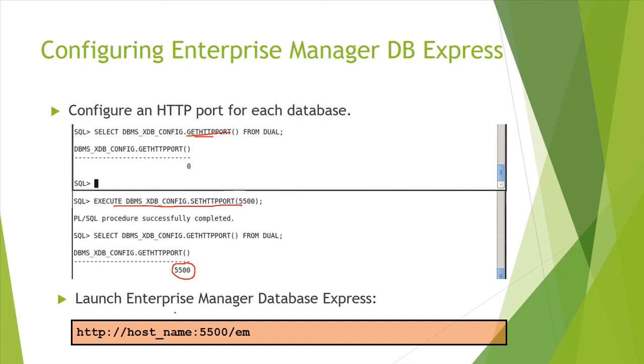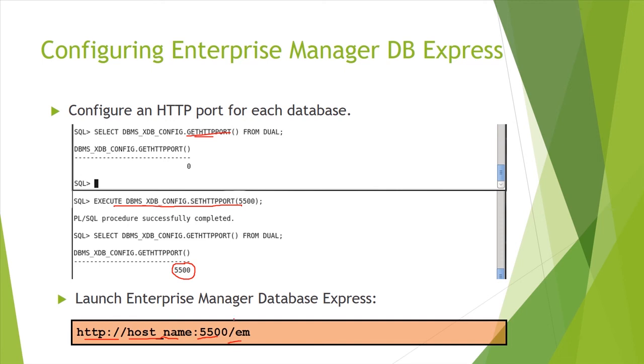You can launch or access Oracle Database Express by using a URL, HTTP or HTTPS depending on your configuration, followed by ://, the host name of your server, the port used in the configuration, and /em.